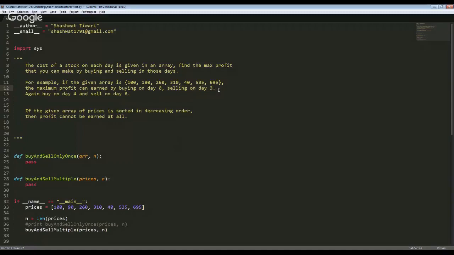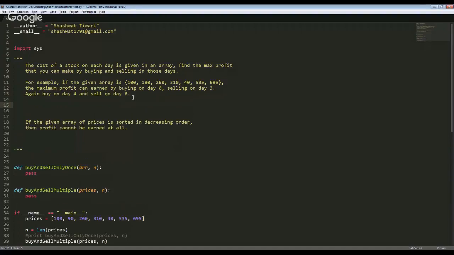This is where the first transaction gets completed, and then again buy a stock on day 4 and sell on day 6, right? So we can say that one transaction is buying and selling the stock, right?